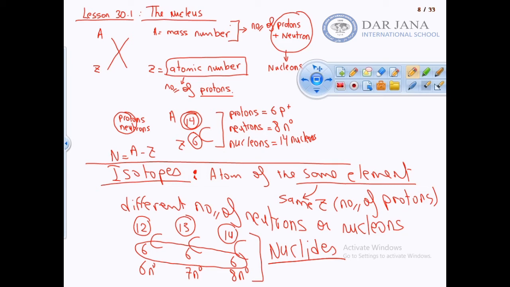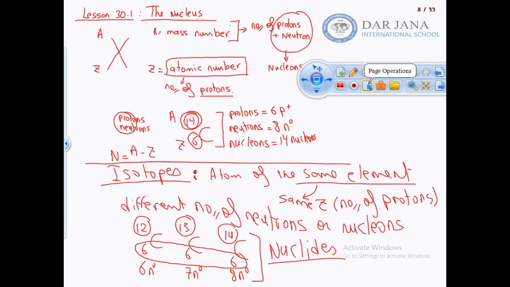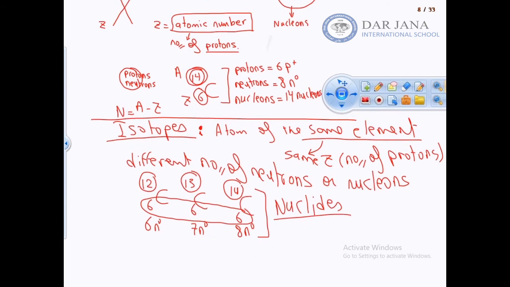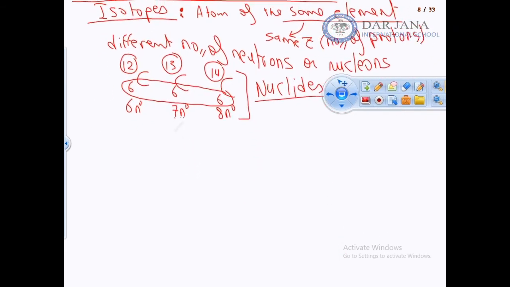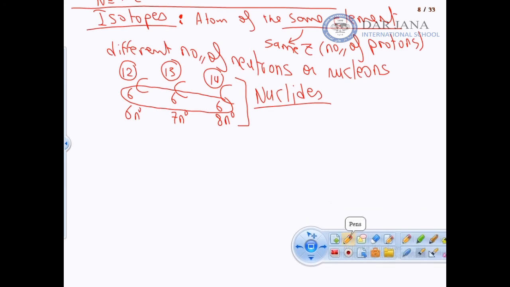Now we have a simple definition, which is the strong nuclear force. We have many types of forces, as you know. We have the gravitational force, the magnetic force, the electric force, but there is a special force, the force that holds nucleons together.